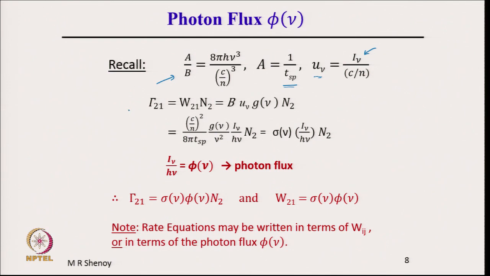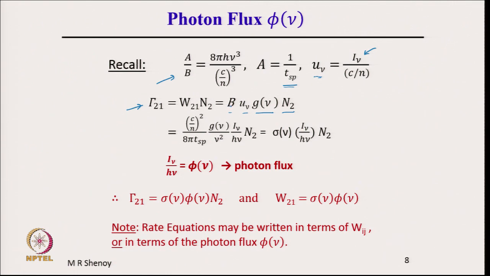And we have written the rate of stimulated emission from level 2 to 1 as W21 into N2, where W21 is the rate per atom, multiplied by N2 gives the total rate of stimulated emission, which was equal to B into u nu into the atomic line shape function into N2, which is then written in this form.